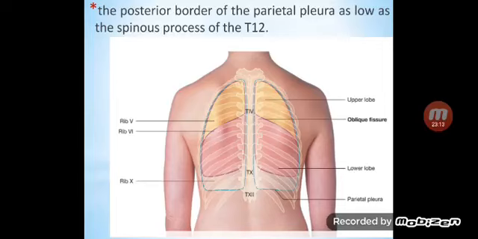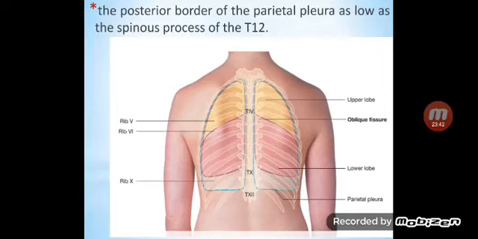The difference is 2 ribs. I said the inferior border of the parietal pleura is 8, 10, 12. Here, to memorize it, it is 6, 8, 10, for easy memorization. It crosses the same lines. So it crosses the 6th rib at the mid-clavicular line, the 8th rib at the mid-axillary line, and the 10th rib just adjacent to the vertebral column. 6, 8, 10.